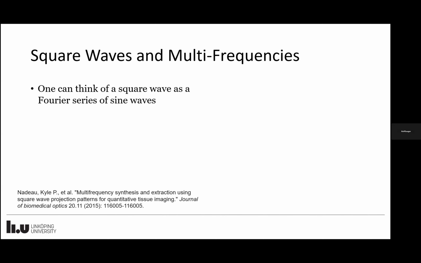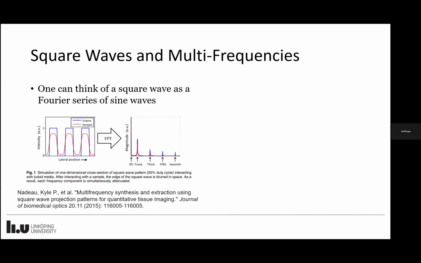And so that's where this idea of, well, the square wave is just a superposition of a Fourier series. And to produce a square wave, you just need to have the mirrors on or off. You can then go really fast with the projector if you don't need to have all those shades of gray in there. So that's where the concept was, that you can just project square waves, and in tissue, it will get damped a bit.